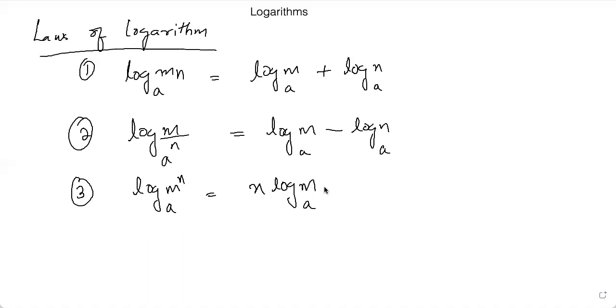Okay, and we have one more law also, which is log n to the base a is equal to log n to the base e by log a to the base e.